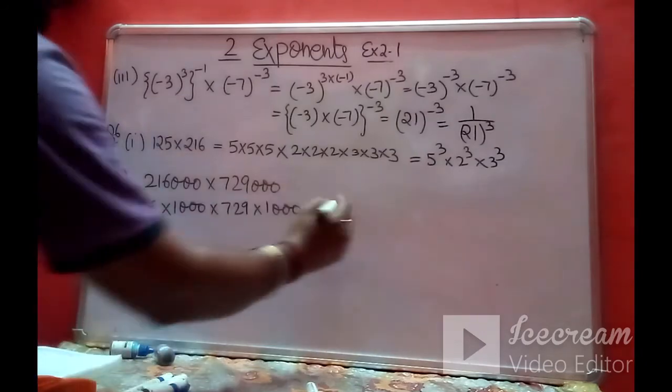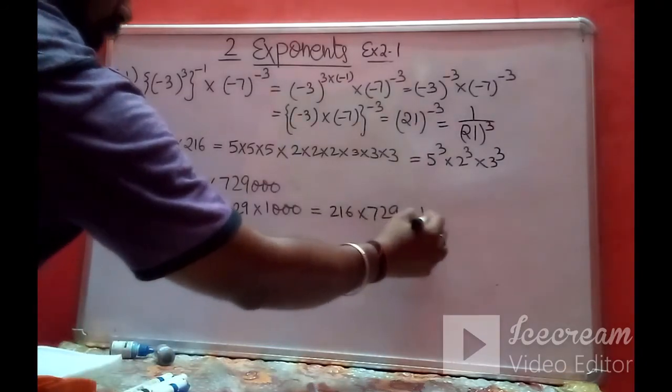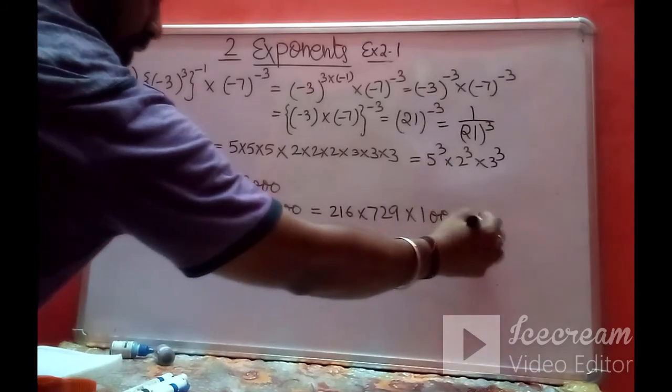Then you just write it as 216 into 729 into 6 zeros.